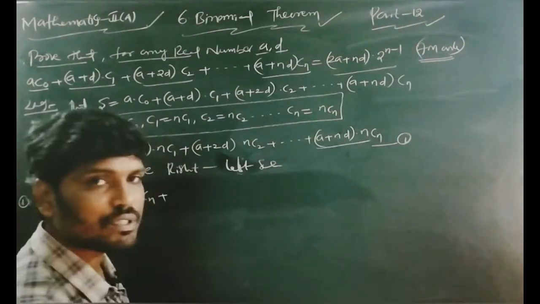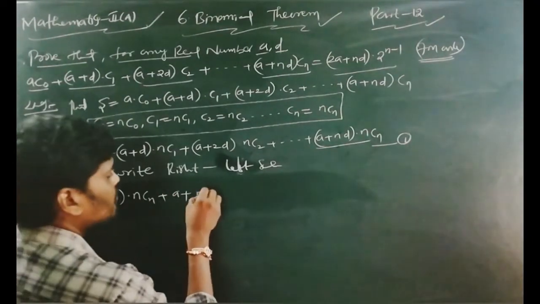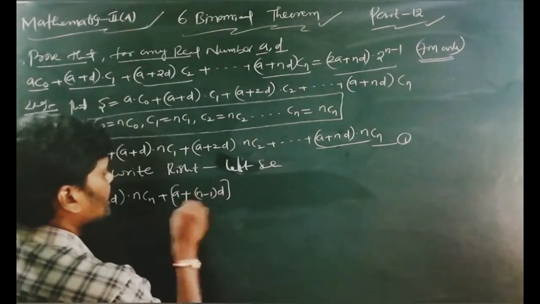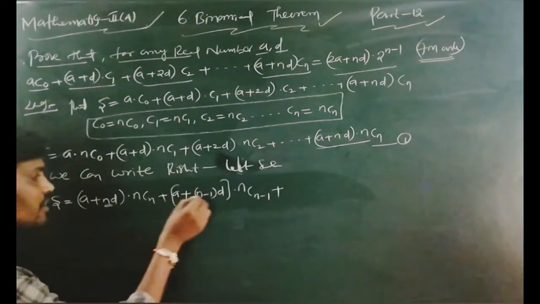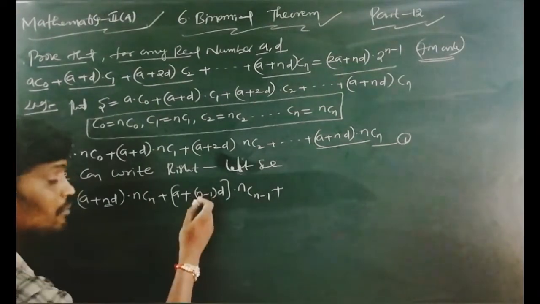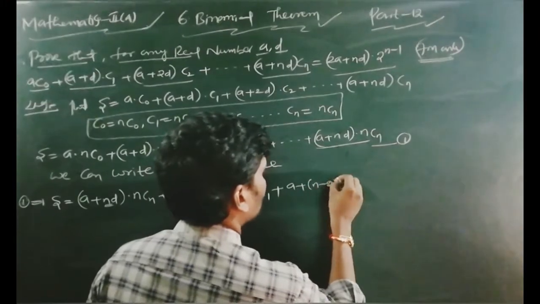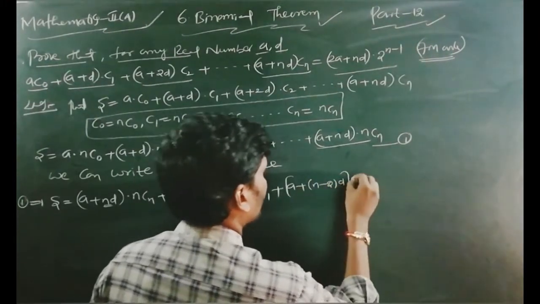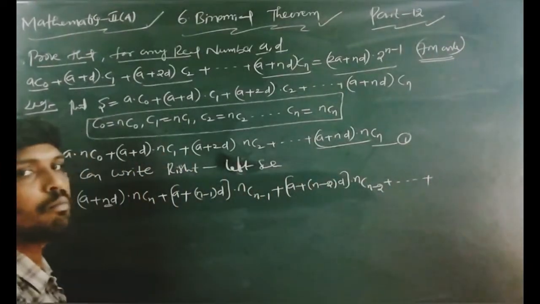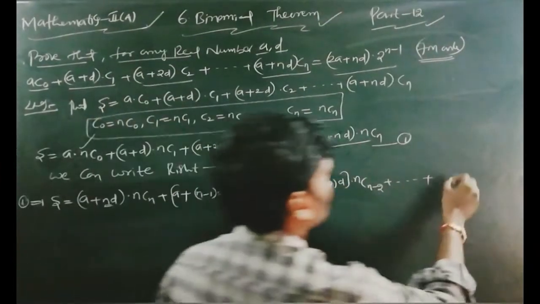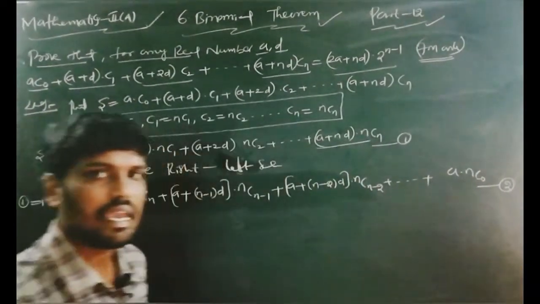Here a+nd is the first term; the second term is a+(n-1)d·nC(n-1). Correct or not? In place of n you can write n-1. Next term n-1-1, that is n-2: (a+(n-2)d)·nC(n-2), and so on. The last term is a·nC0. Correct or not?